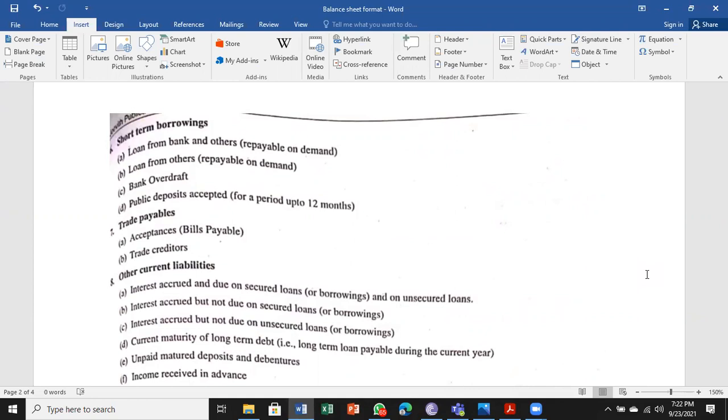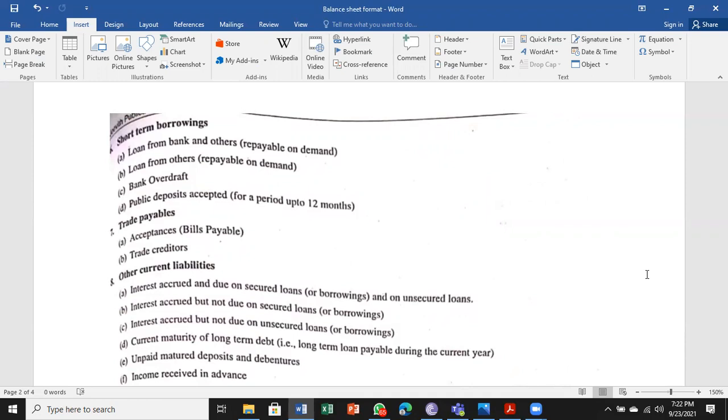So like that, short-term loans. Another type of loan usually taken by companies on their current accounts is called bank overdraft. Bank overdraft is money taken by the company in a way overdrawn on the current account. Whatever money is there, they withdraw more than that. That is called bank overdraft.